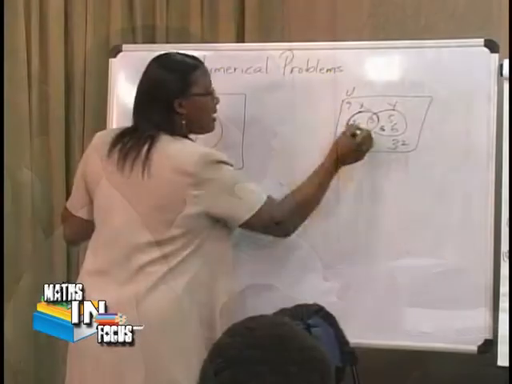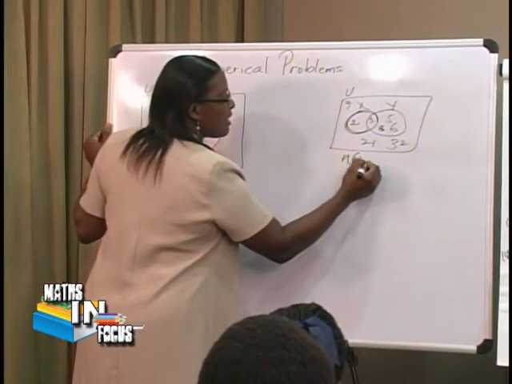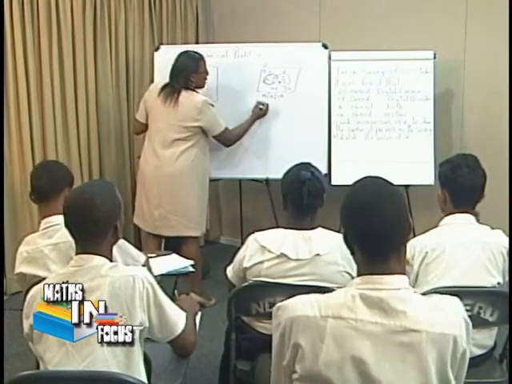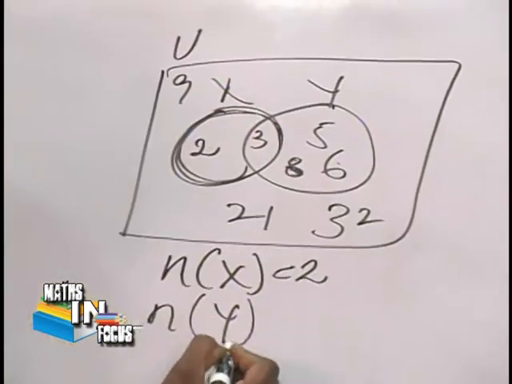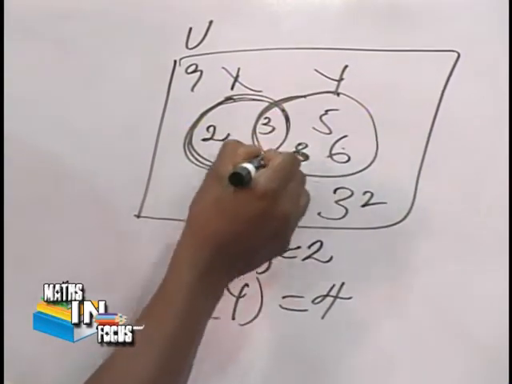Those are the elements. But when we look within X, how many elements are in X? 2. So the number of elements in X is equal to 2. The number of elements in Y is equal to 4.